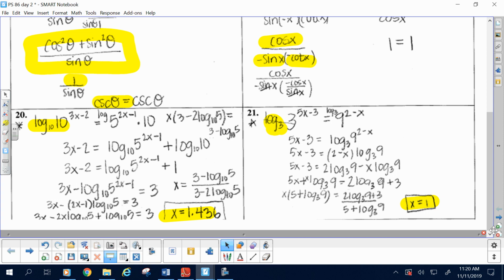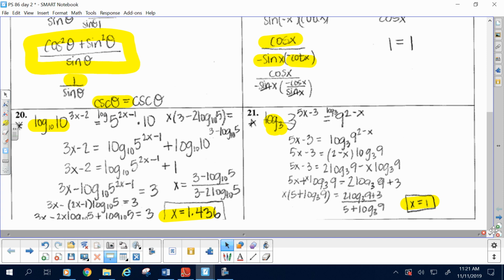The original problem is 10 to the 3x minus 2 equals 5 times 10 to the 2x minus 1. To get rid of exponential base 10, you want to log.